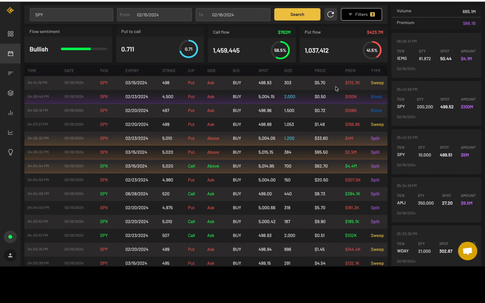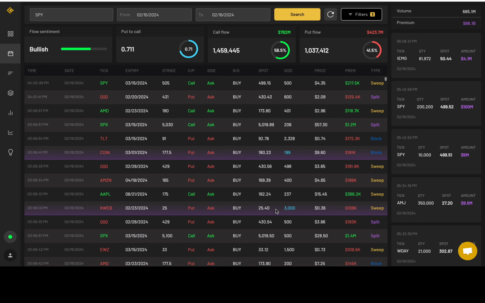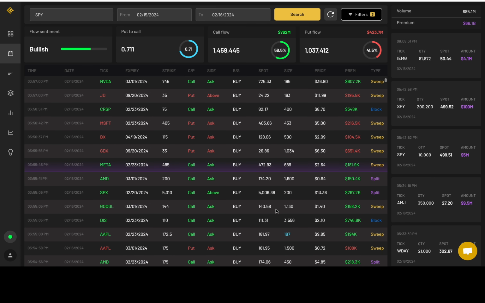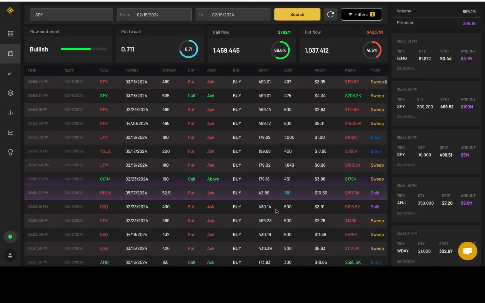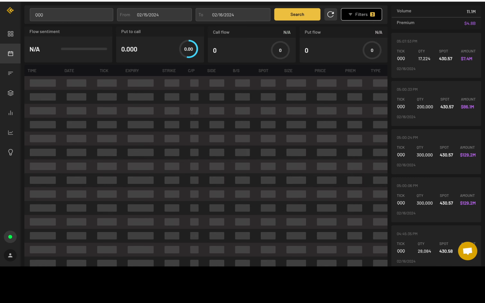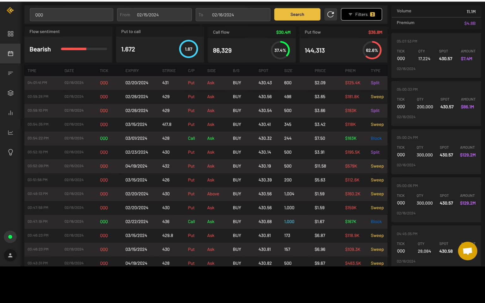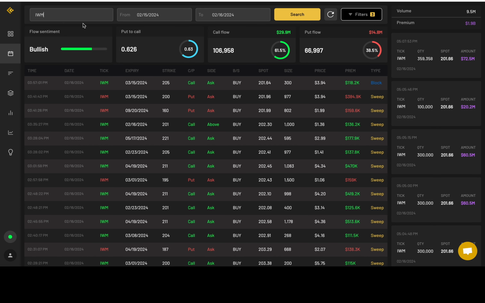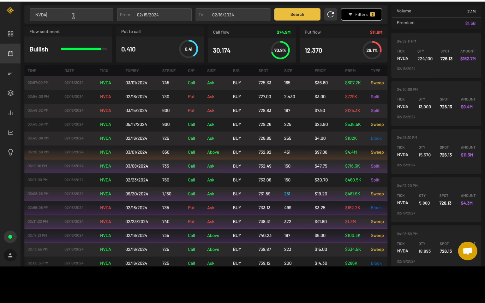So last week, most of the flows overall were bullish. More volume and more money went into the calls overall. Okay, guys. We take a look at Triple Q. Triple Q was bearish though. A lot more volume and money went into puts. IWM was bullish. NVDA was bullish last week.